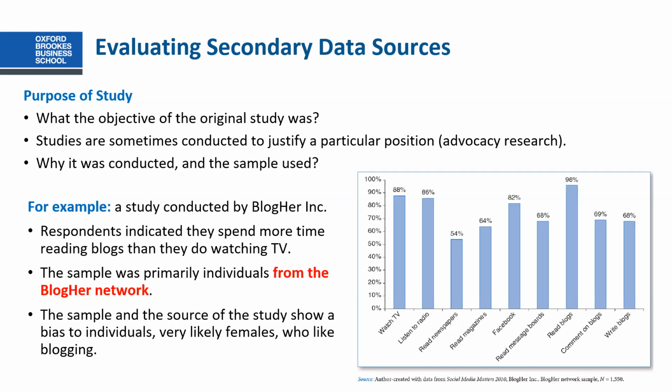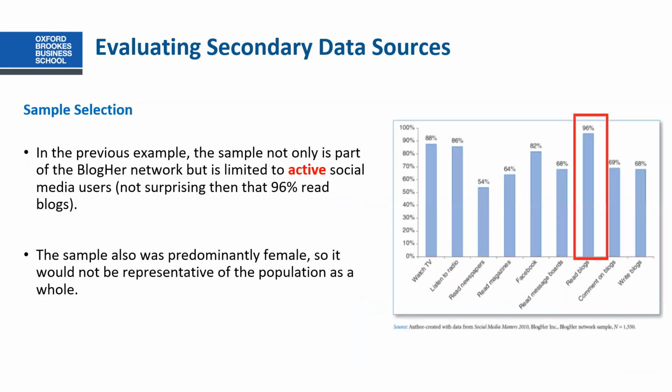Hence, there is a sample bias here, and we expect that most of the respondents are females who like blogging. So you need to ensure who the sample is and how it is selected, as these are critically important in determining the accuracy of the secondary data.